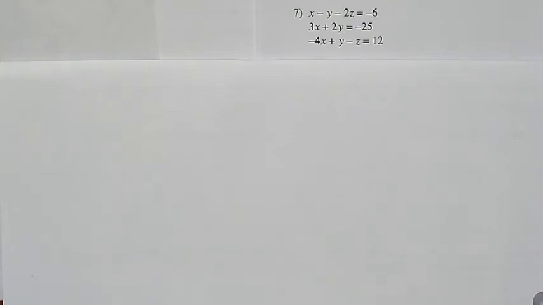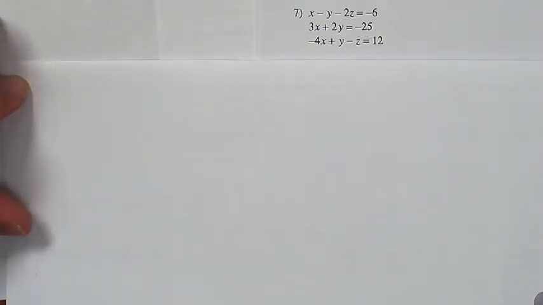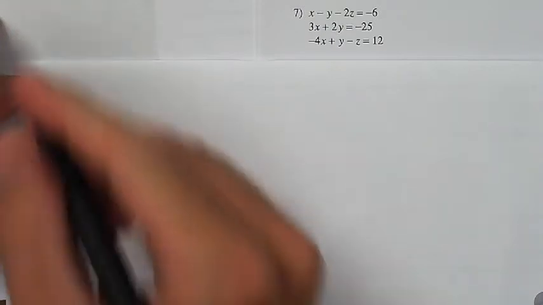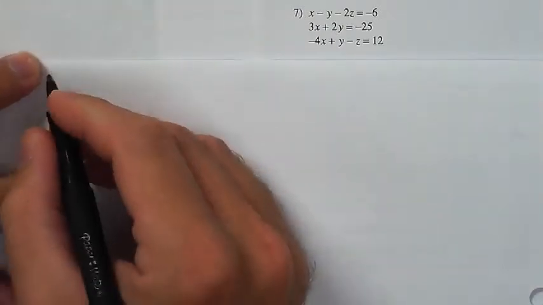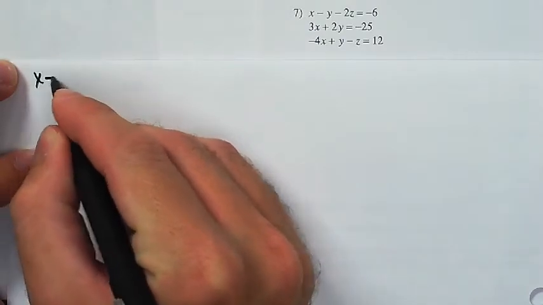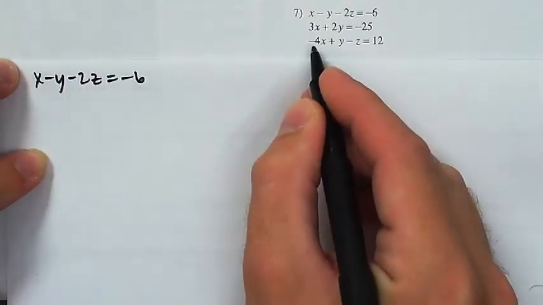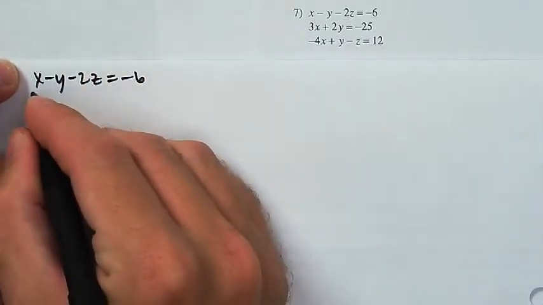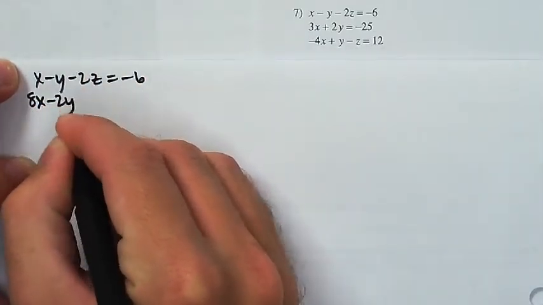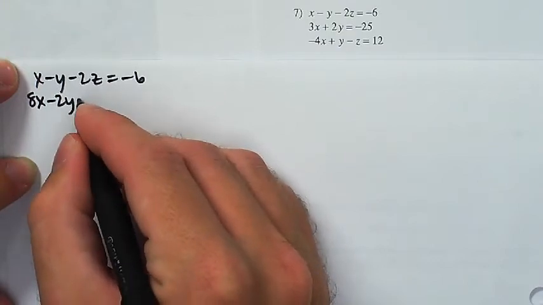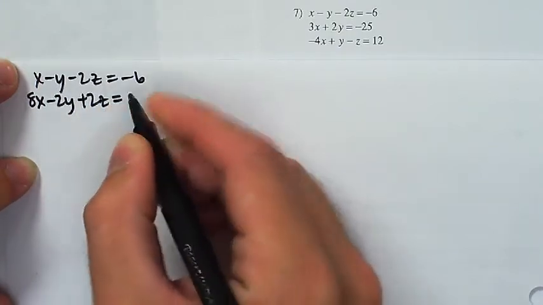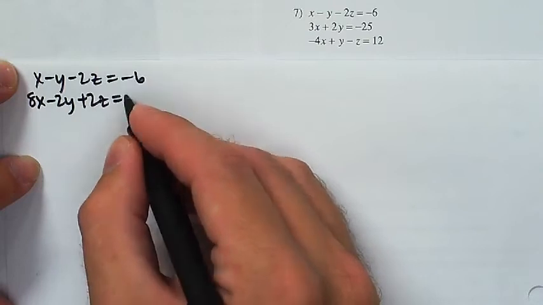Okay, so I got a little distracted. I'm going to eliminate on z though, but based on what I'm seeing here, I'm going to take the third equation and multiply it by negative 2. So I'm going to have x minus y minus 2z equals negative 6, and I'm going to multiply everything by negative 2 here, so that would be 8x minus 2y plus 2z equaling negative 24.